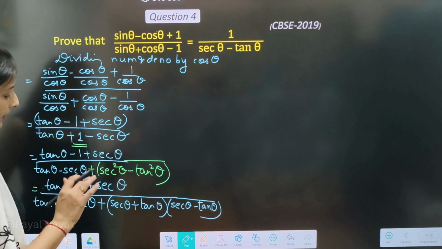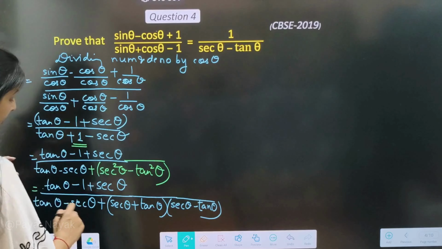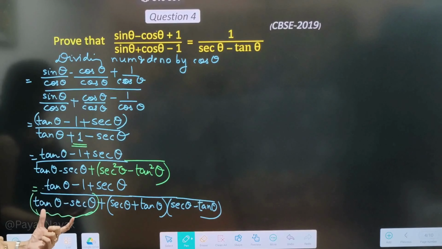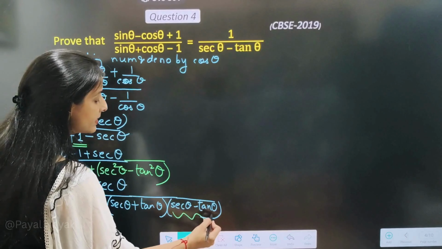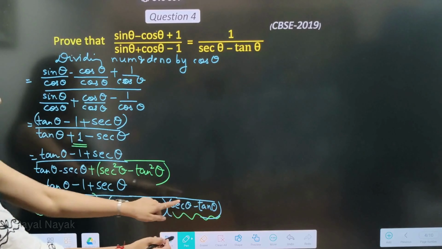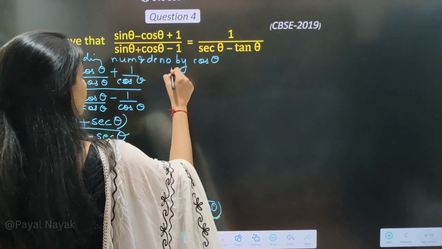Clear? Now, observe this carefully. Here, if you see this bracket, tan theta minus sec theta, and this one is sec theta minus tan theta. The two brackets here, the sign is negative, but the order of the terms is different. So here you have to change the order. How will you change the order?